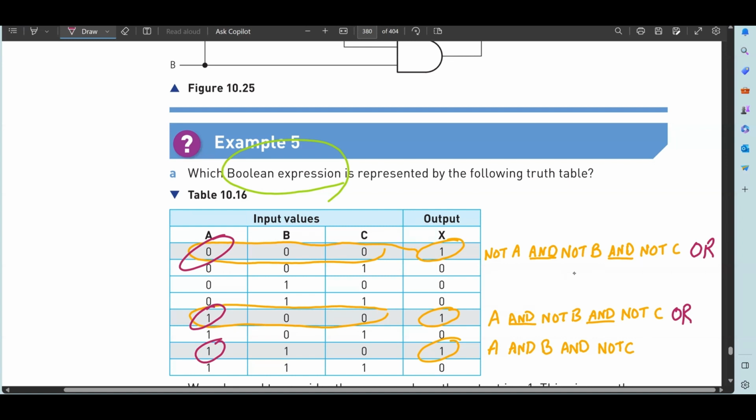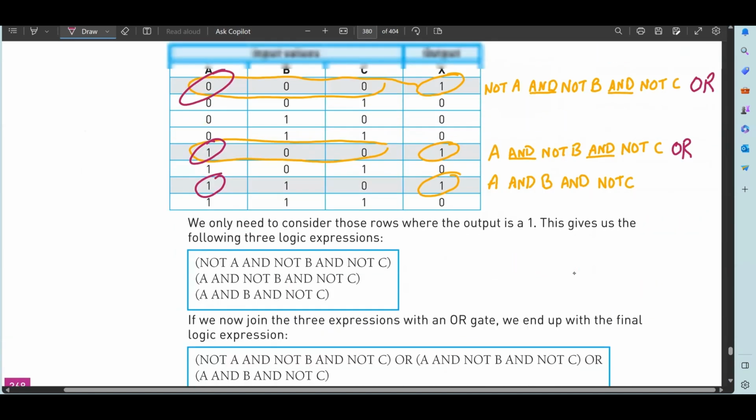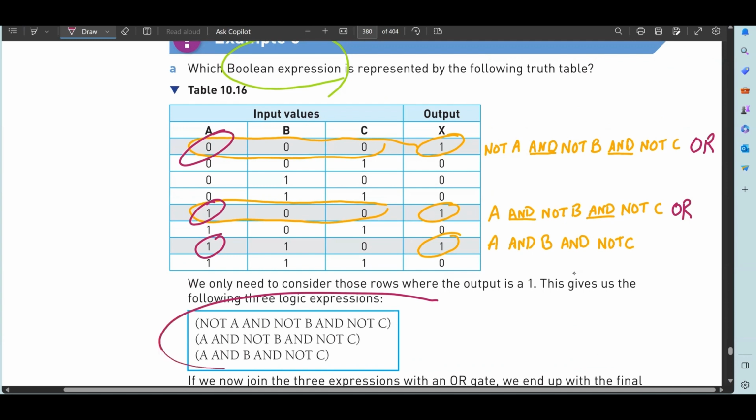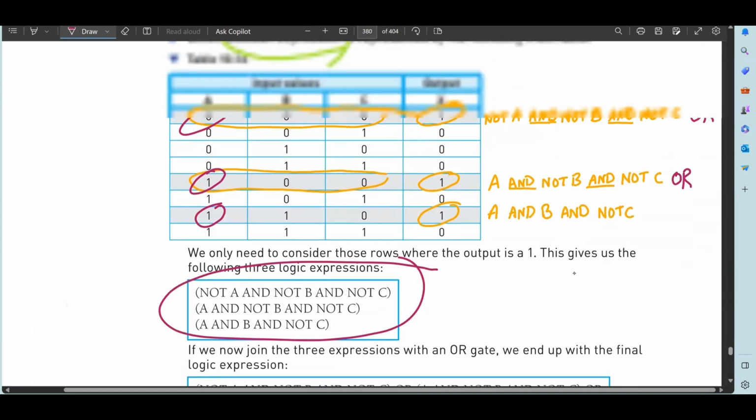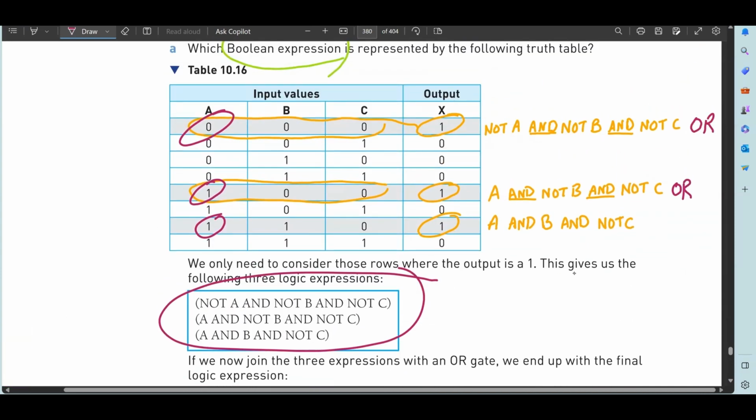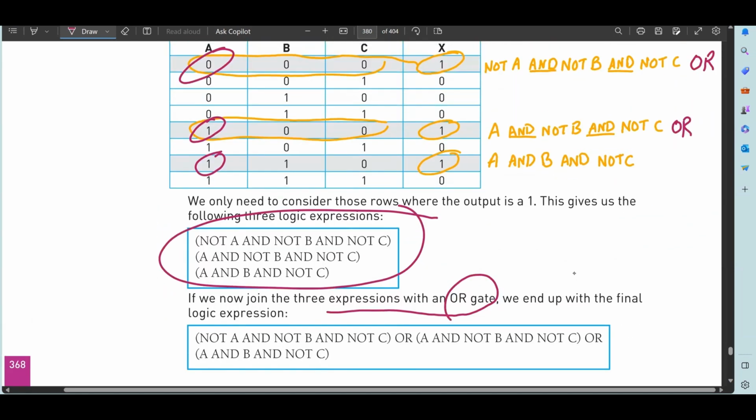So there goes the solution from the book: not A and not B and not C. And how does it put it together? It says if we now join the three expressions with an OR gate, we end up with the final logical expression, which is not A and not B and not C, or the second bracket, or the third bracket. So there it concludes.